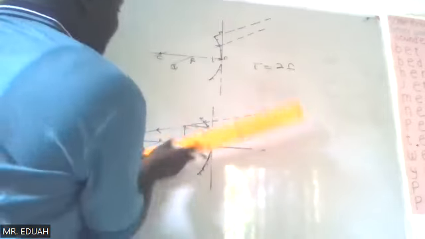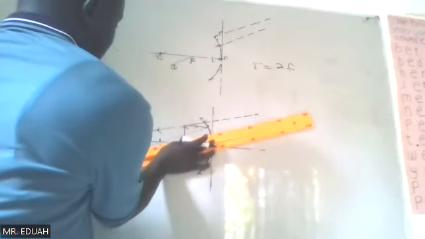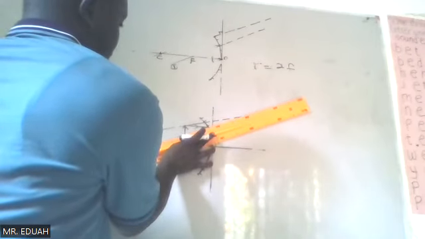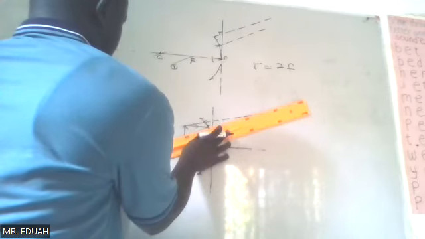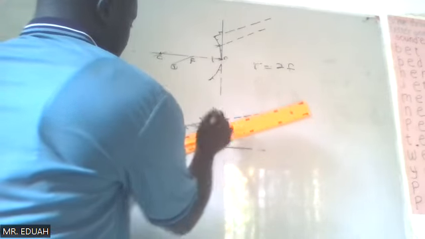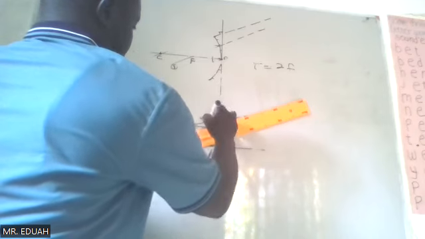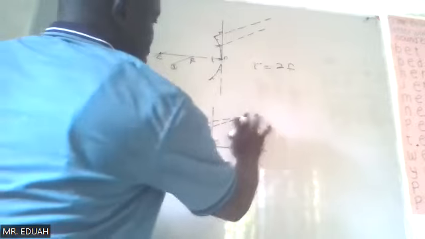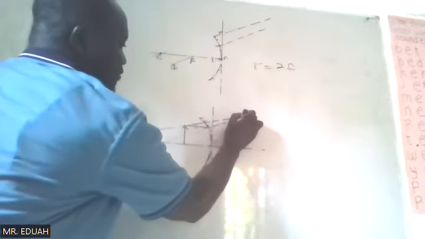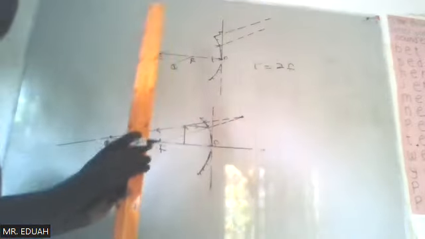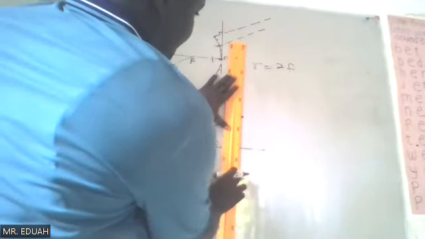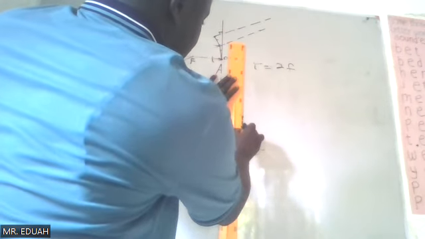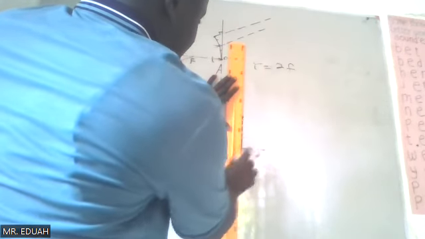At the point where they appear to converge, so the reflected rays appear to converge at the back of the mirror. Where they appear to converge will be the position of the image formed.